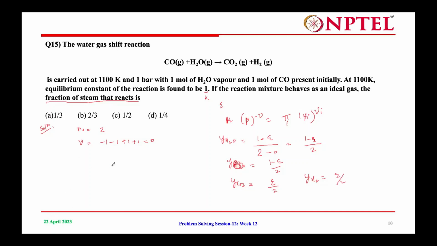Now put this equation in this relation. So here the total stoichiometric coefficient is 0, this gets a 0, so P to the 0 is 1 equal to yCO2 into mole fraction of H2 divided by mole fraction of CO into mole fraction of H2O, right?